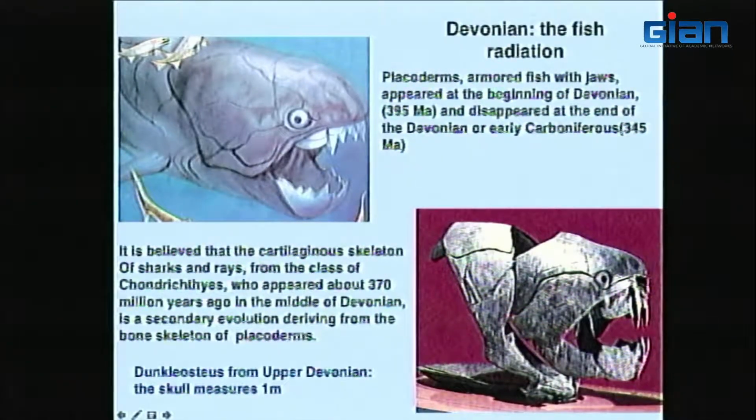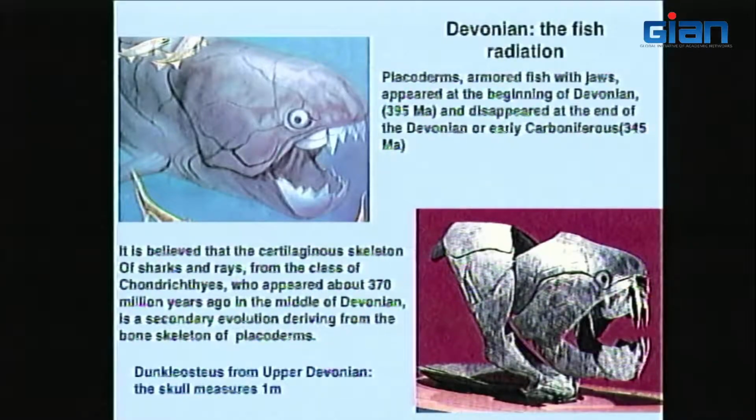And well, they appeared at the beginning of the Devonian, but they disappeared quite quickly at the end of the Devonian, and maybe the beginning of the Carboniferous. And it's believed that the cartilaginous skeleton of sharks and rays derives from these guys, okay? So a huge time of proliferation and diversification for the fish.